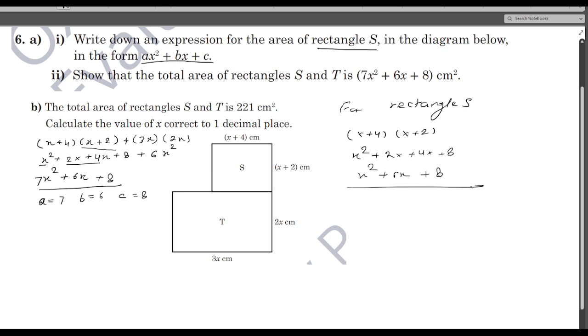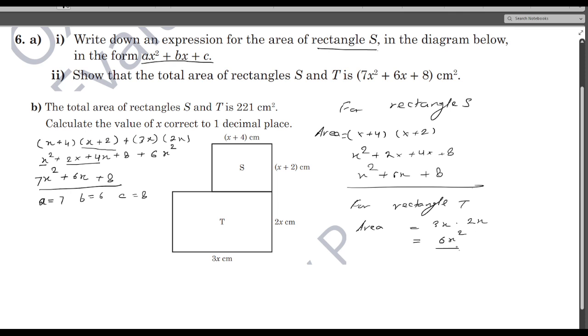So x square plus 6x plus 8 is the area of rectangle S, and area of rectangle T, this is your area. Okay, for rectangle T, your area will be 3x times 2x, which is 6x square.